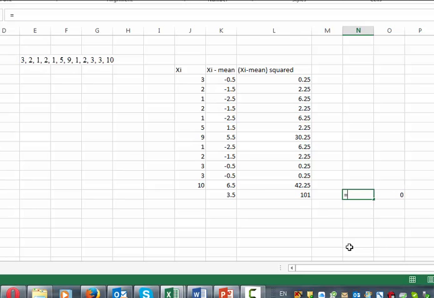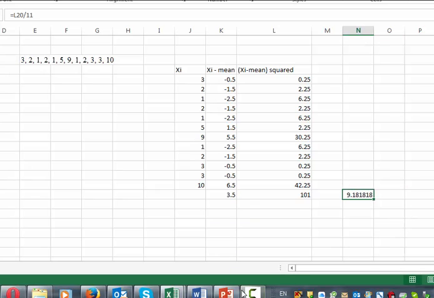That equals this one divided by, since we have a total of 12 sample observations, 12 minus 1 is 11. So it's this cell here divided by 11, that gives you 9.18.